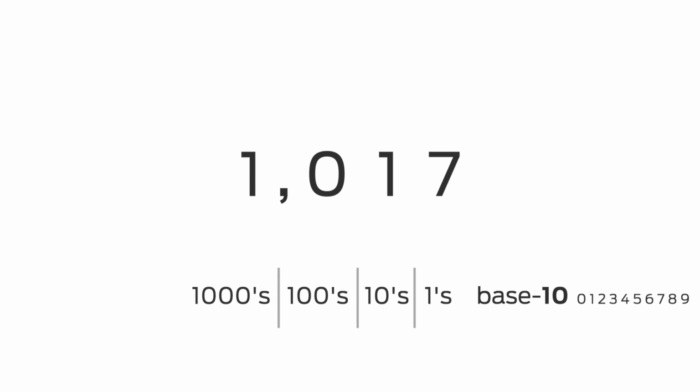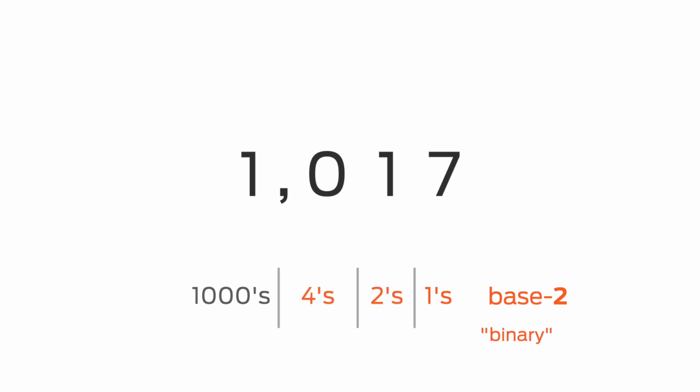Computers use a different counting system called base 2 or binary, which means that every time you move over a place, you multiply by 2. So, this is the ones place, and this is the twos place, the fours place, the eights place, and so on. Also, you only use two numbers, 0 and 1.